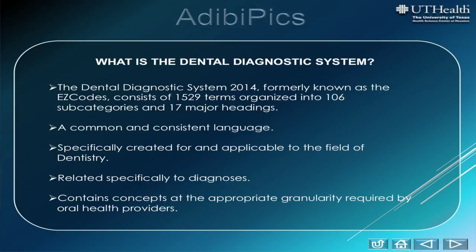It provides a common and consistent language created specifically for the field of dentistry, related specifically to diagnosis, and contains concepts at the appropriate granularity required for oral health providers.